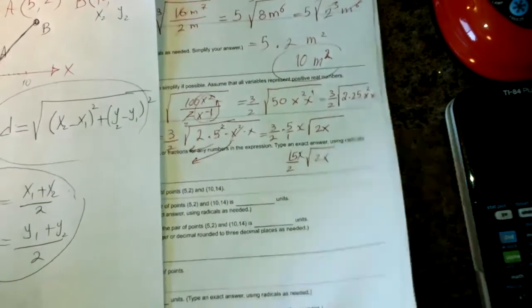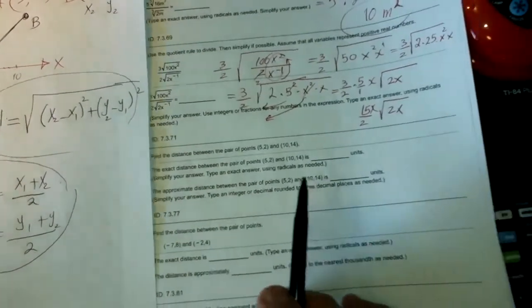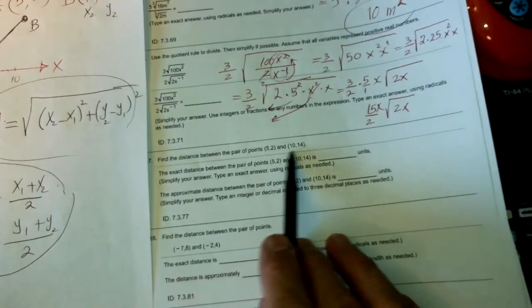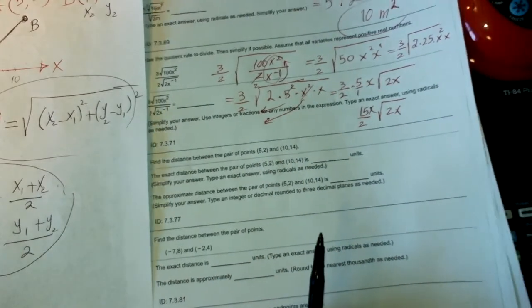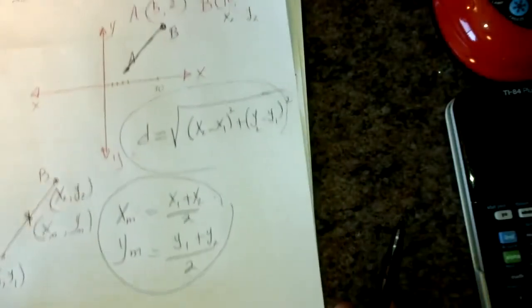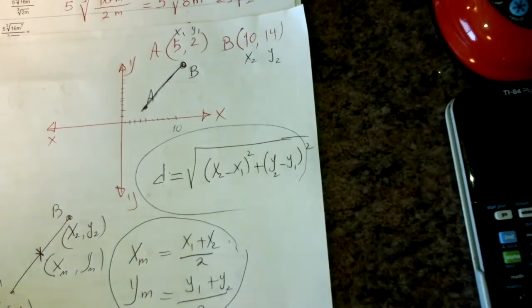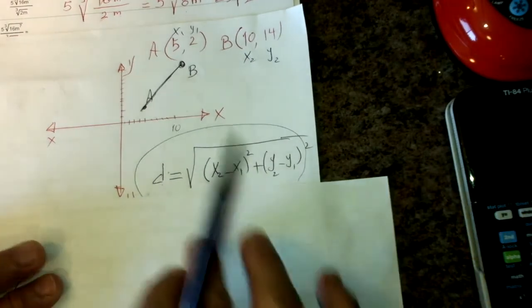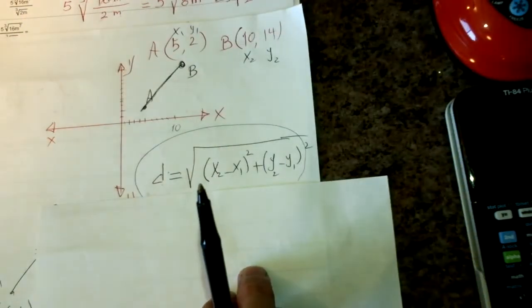So in these problems, they are saying, find the exact distance between these two pairs. Okay? So in that case, one of these points is x1, y1, the second one is x2, y2.